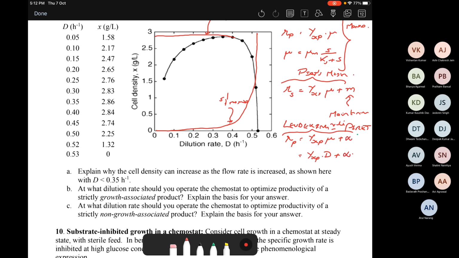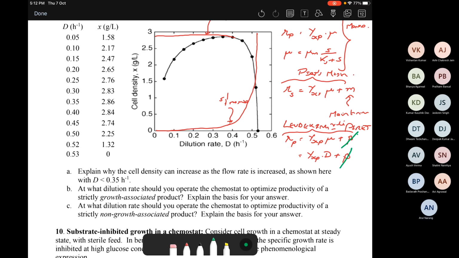Actually, beta is the term commonly used. The first problem asks where the maximum volumetric productivity of the product will be if you have a strictly growth associated product, which means that this beta is equal to 0.